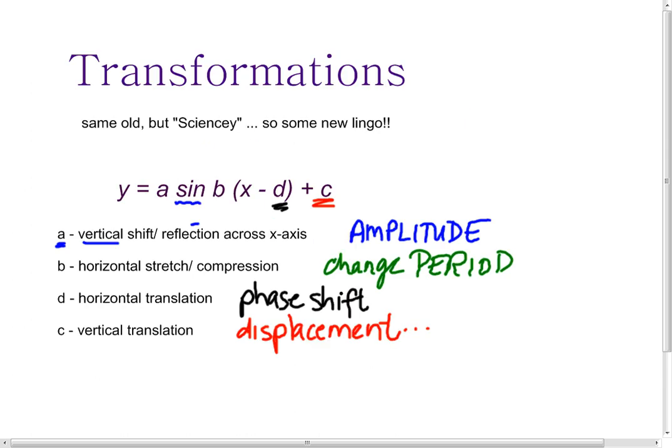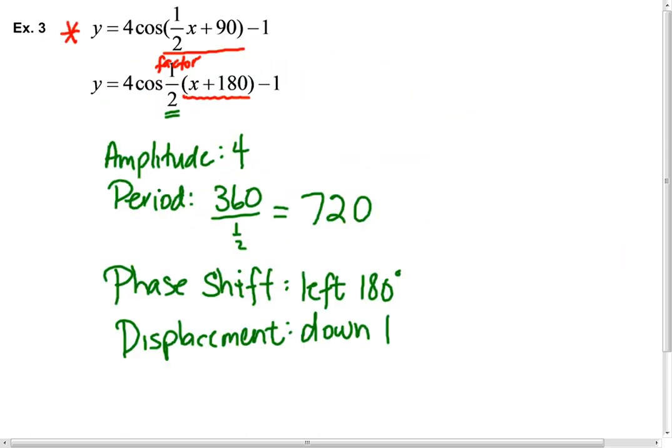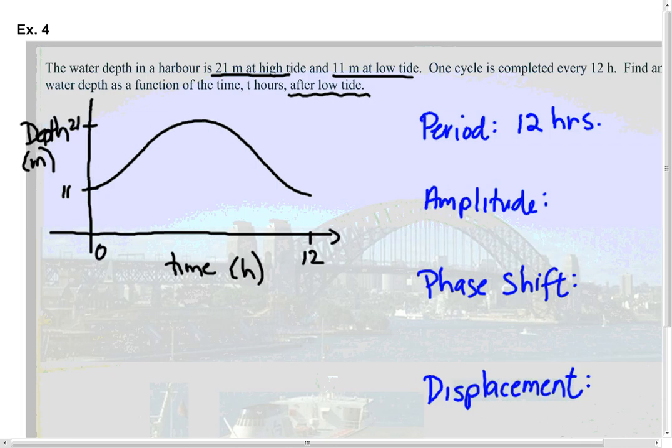B. We need a number for the letter B, where if I do 360 divided by that letter, I get 12. Because my period, I always find it by 360 divided by that horizontal stretch. And I know what the period is, so I can find B.